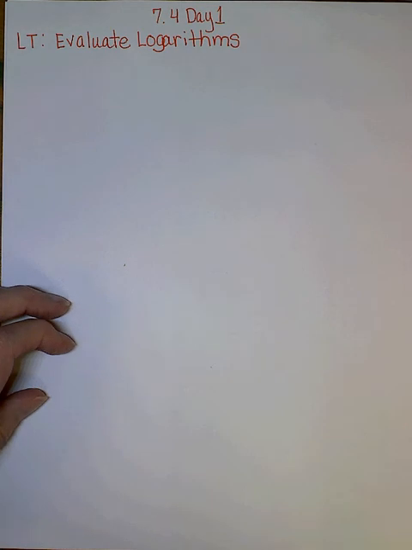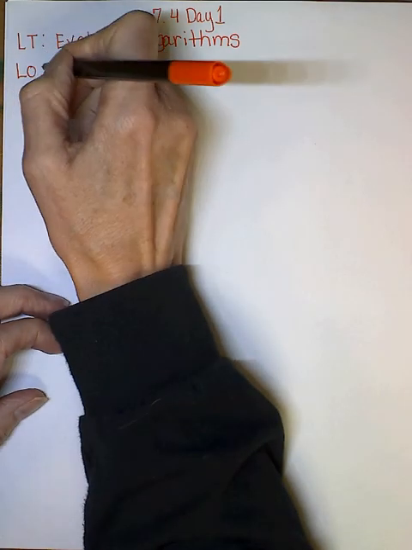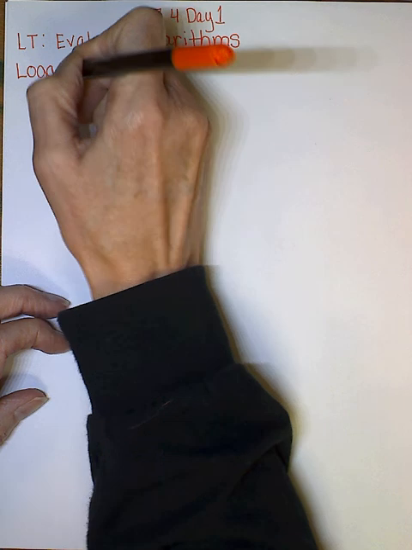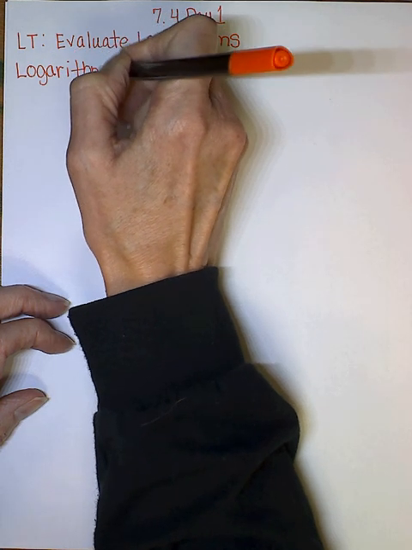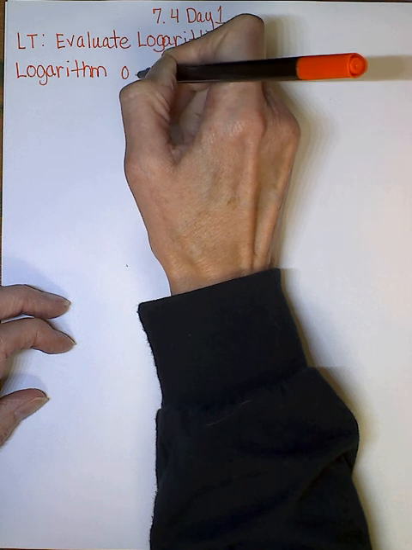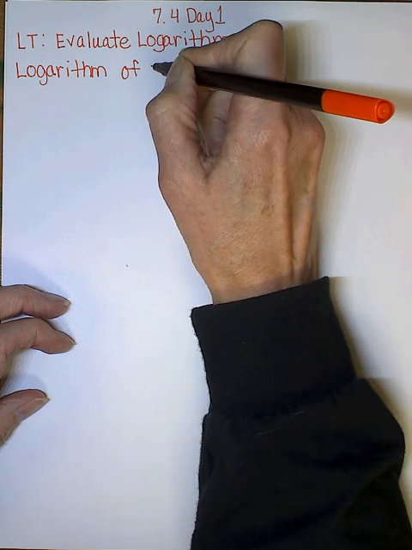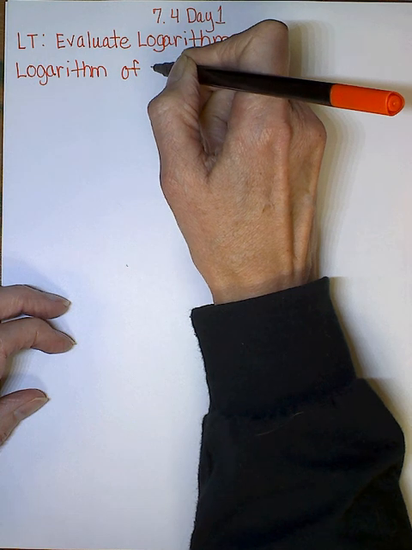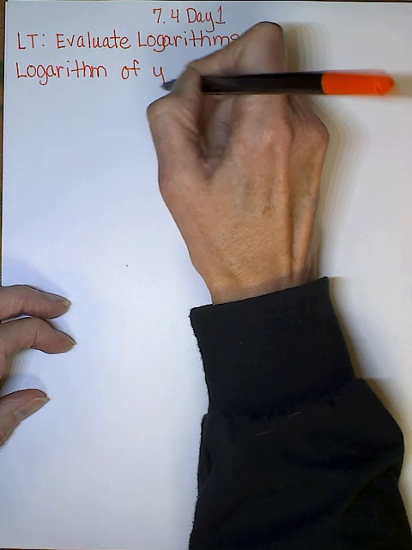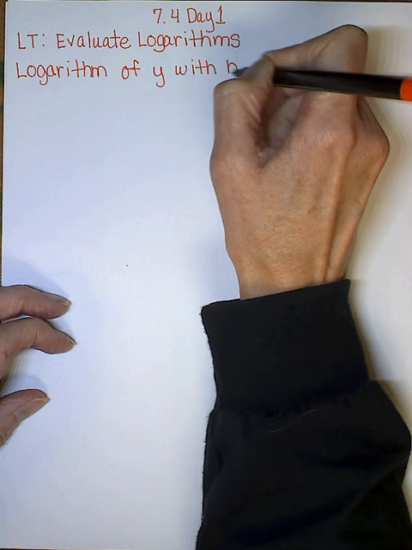Okay, so let's define what a logarithm is. And it's going to look like a strange definition, but it will get better as I show you how to use the definition. And these logarithms have a base, and so these are going to be logarithm of y with base b.